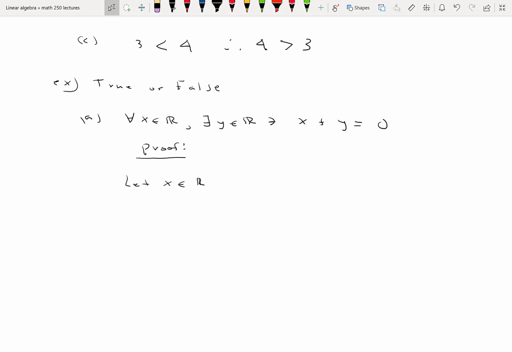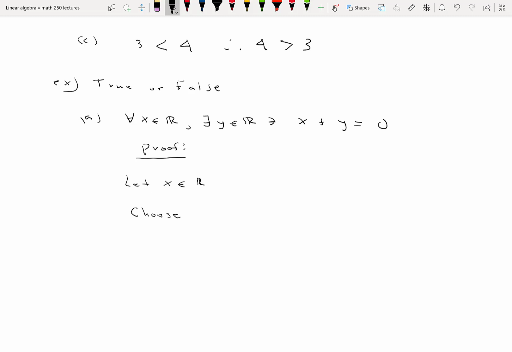When you're trying to prove something about the existence of something, that means you have to find it. So what would be the word that I would use to continue? When you're trying to prove the existence of something, the next word you need to use is choose.